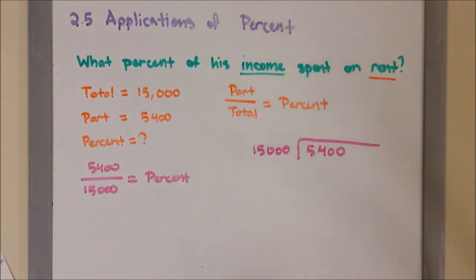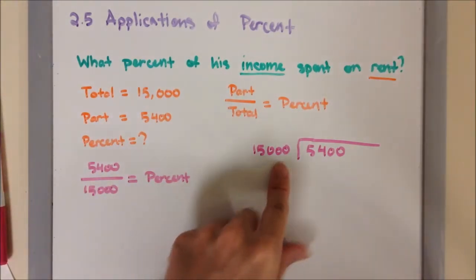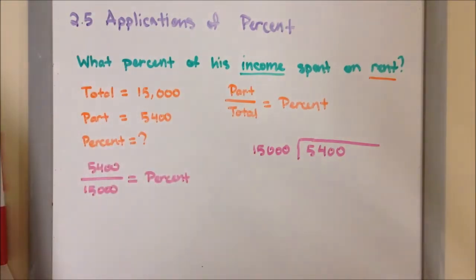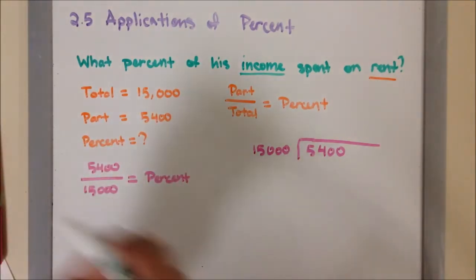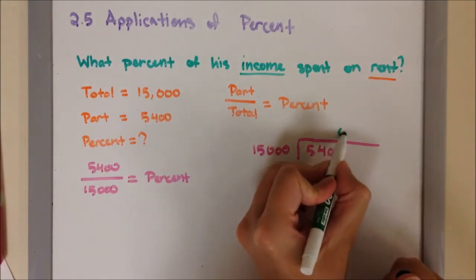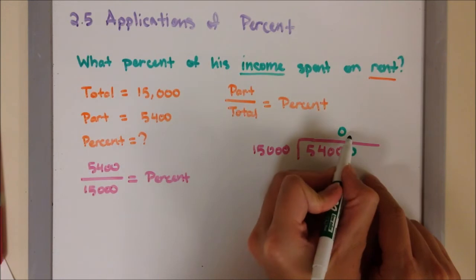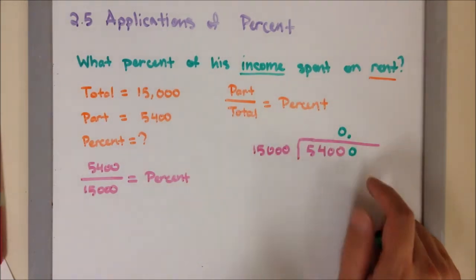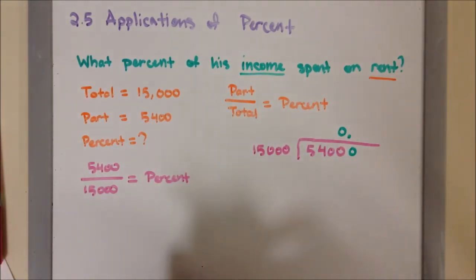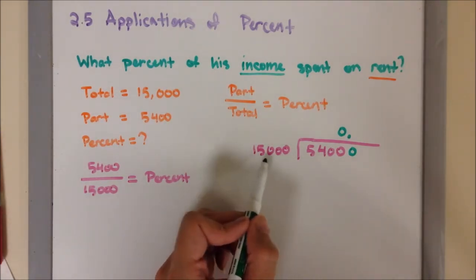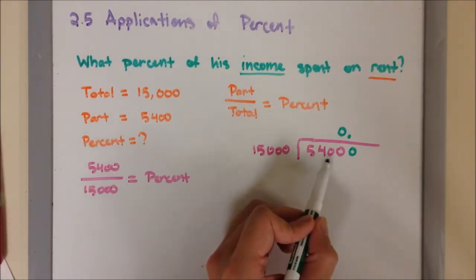Now, 15,000 does not go into 5,400, so we put 0 on the top here. Since I'm going to add another 0, I'm going to put a decimal right here. Make sure to line up your numbers carefully. Now, does 15,000 go into 54,000?